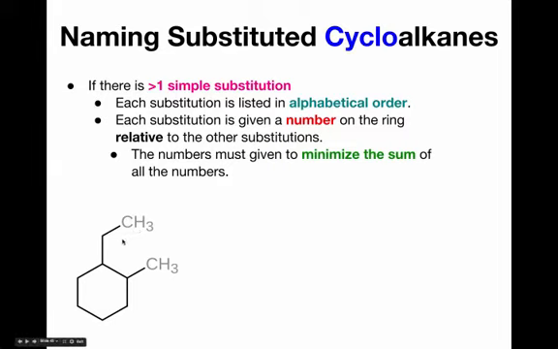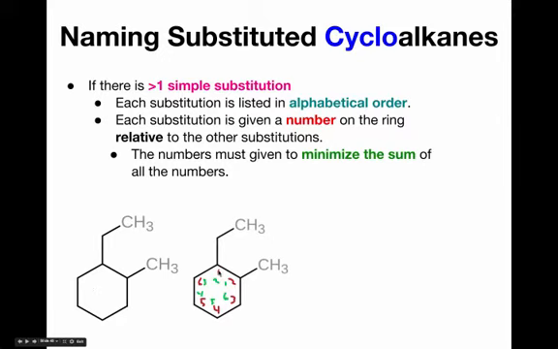This substitution up here is made of 2 carbons, 1 carbon at this bend and 1 carbon at the very end. That means that this is an ethyl substitution. This substitution over here is just made of 1 carbon. Because it's made of 1 carbon, it's like methane. This is a methyl substitution. So now we have to number the carbons in the ring to give us the appropriate name.